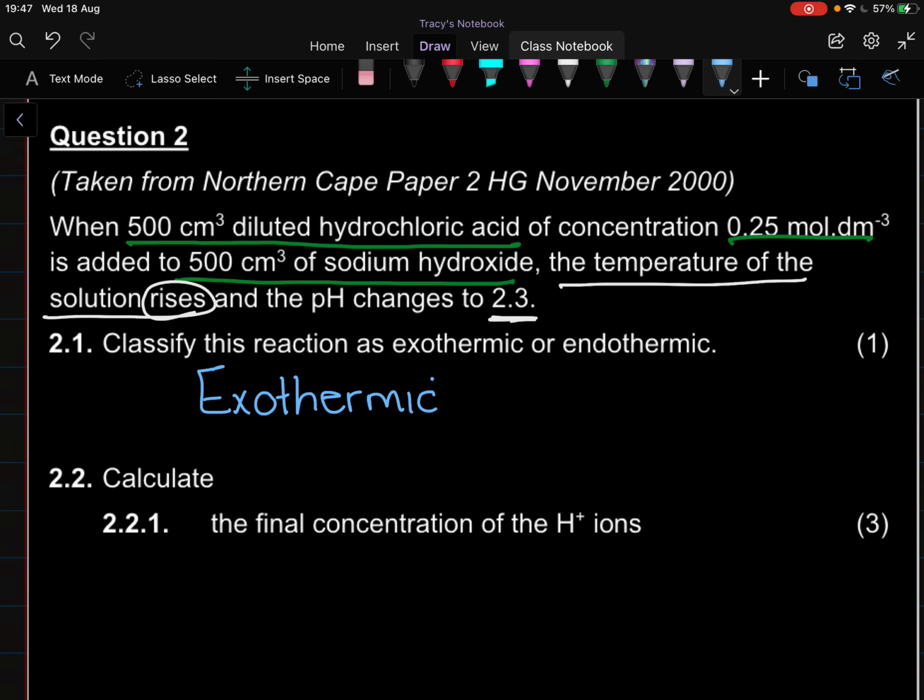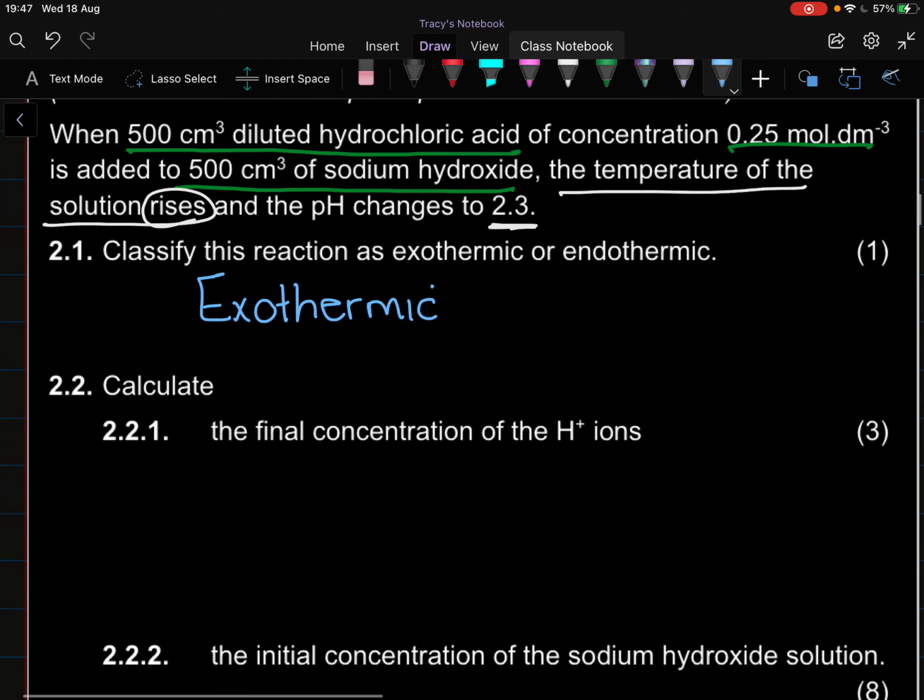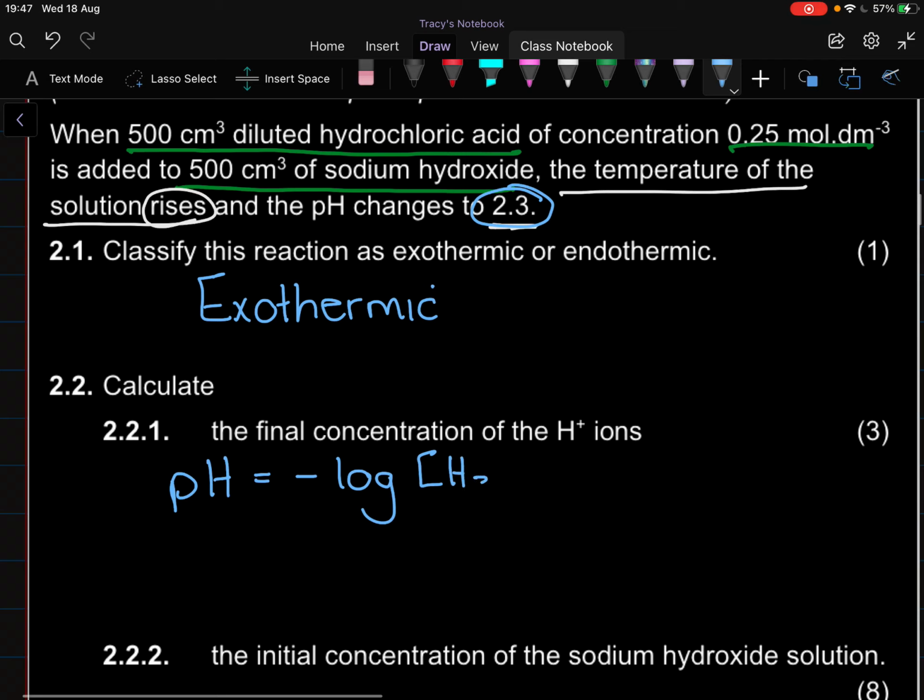Okay. Now, the final concentration of the H plus ions, that comes from the 2.3. If you've looked at question 1, then you know that the pH is the negative log of the H3O plus ions. Now this is the difference with how they would ask this now. They wouldn't say H plus ions here, they'd say H3O plus ions.